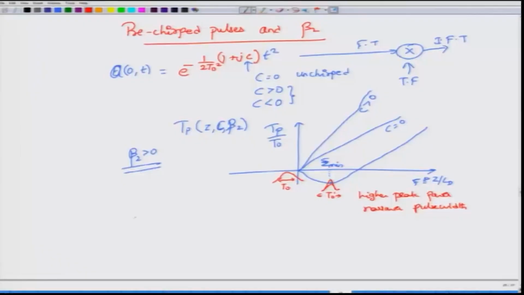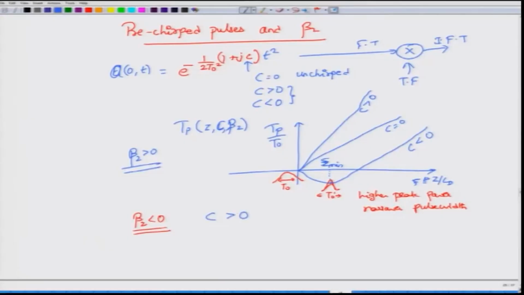Alternatively, the same conditions will hold when beta 2 is less than 0, but this time you change the sign of C. So, earlier you had beta 2 to be positive and you started seeing this pulse compression when C was less than 0, but now when beta 2 is negative, that is you are working with a fiber whose dispersion regime is anomalous dispersion regime, then you just make C to be positive.